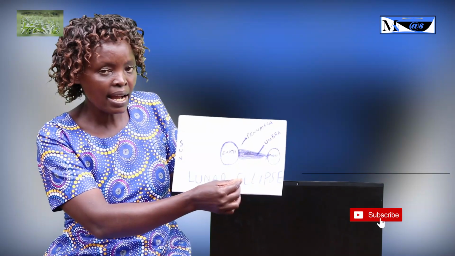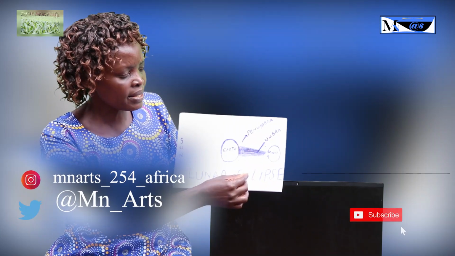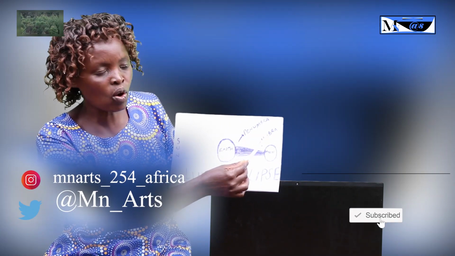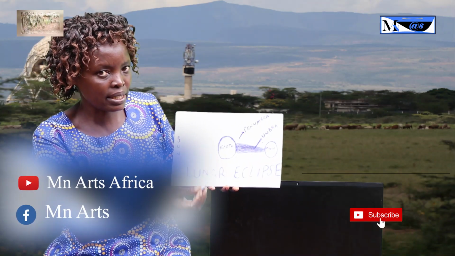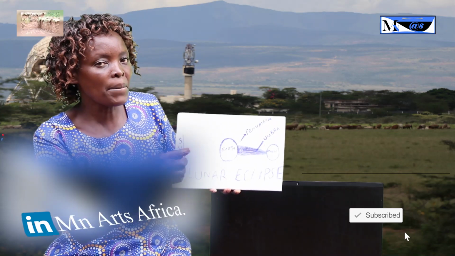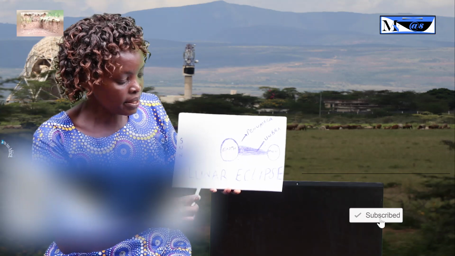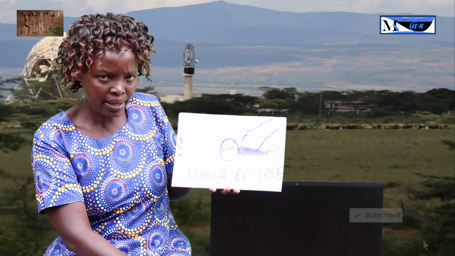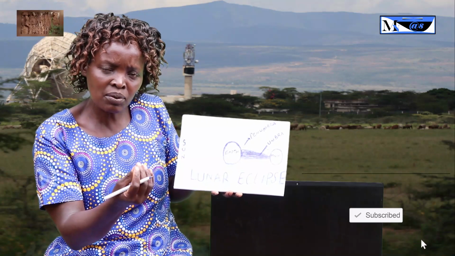At the center, it is heaviest. The center is darkest, and this is what we call the umbra. The part that is on the outside receives some partial light, and it is what we call the penumbra. And this is what we refer to as the lunar eclipse. It is caused by the revolution of the Earth around the sun.